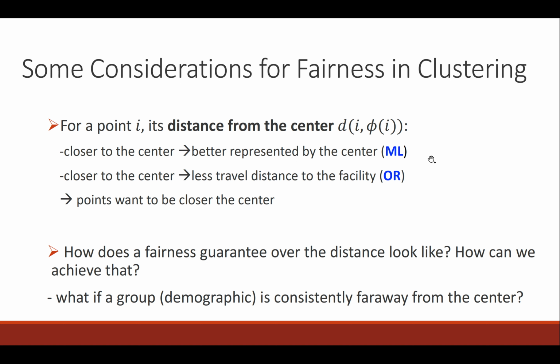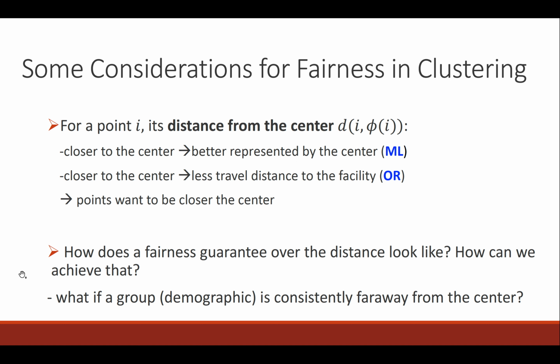So the centers are mostly thought of as a summary or exemplars of the dataset, and therefore, if the point is closer to the center, then it's better represented by the center. In operations research, the distance to the center basically corresponds to the travel distance to the facility. The closer the center, the less the travel distance. So points want to be closer to the center.